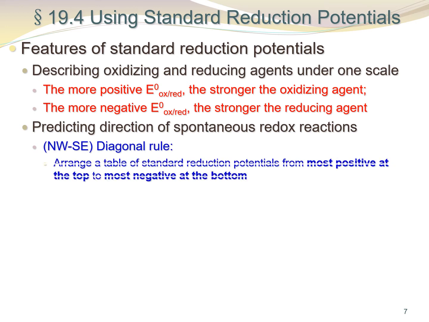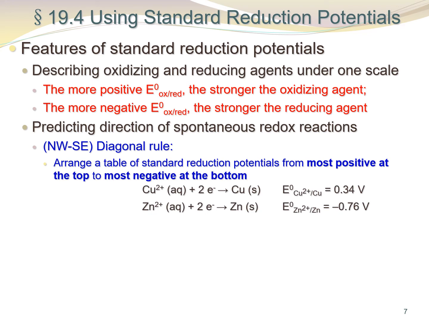So here's what we're going to do. This rule is called the northwest-southeast diagonal rule. Our first step is to arrange the table of standard reduction potentials from the most positive at the top to the most negative at the bottom. So for example, we've got zinc and copper. By checking the values, we find the copper is positive while zinc is negative.